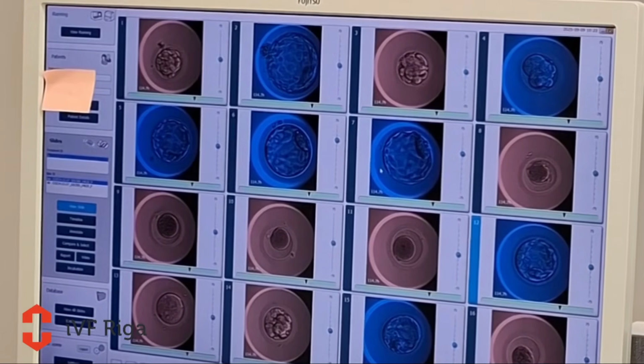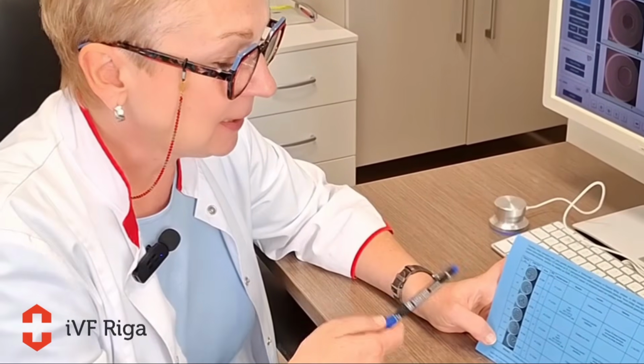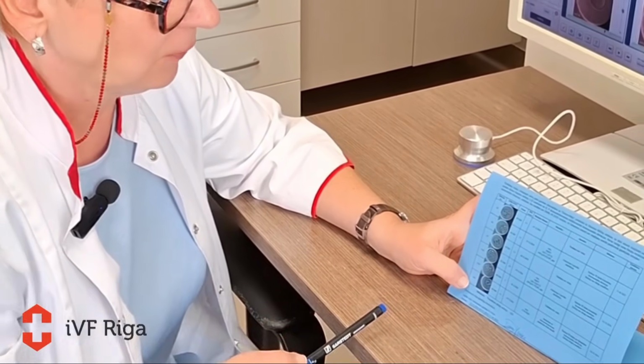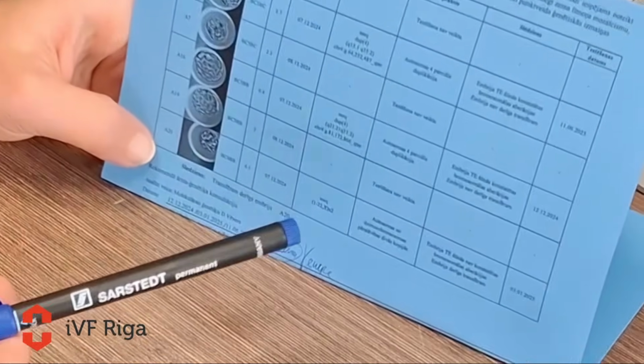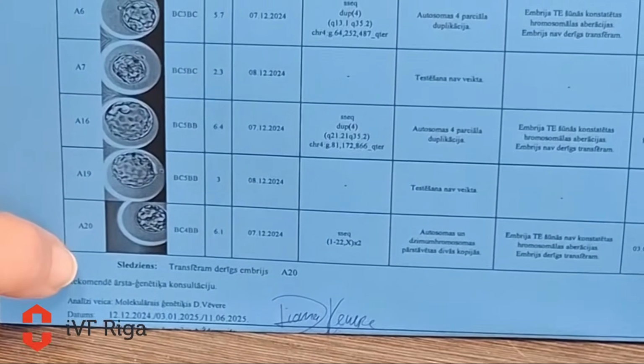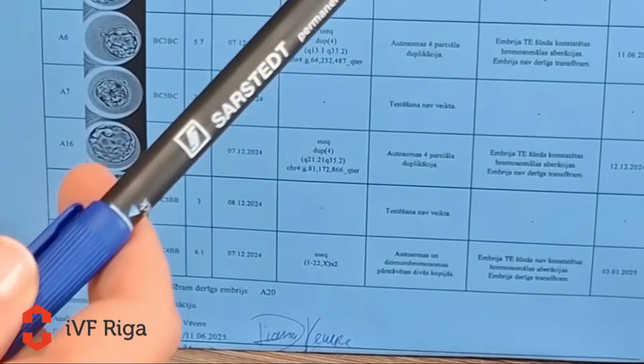Let's see. Now we can see the continuation of our examination of the embryos. This is a genetic report. We are seeing three good blastocysts, which are excellent by morphology quality. But look how different they are genetically.